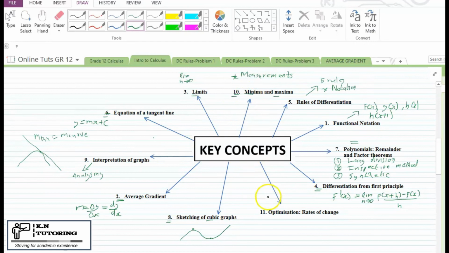Lastly, we will look at optimization. In grade 12 optimization, those who are doing physical science will mostly be looking at physical science problems, your projectiles. So in a nutshell, grade 12 calculus is a combination of other subtopics and chapters that you've covered in the previous grades, and they are just going to be combined into one.